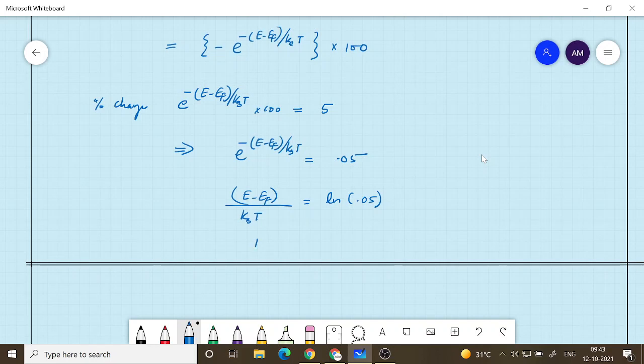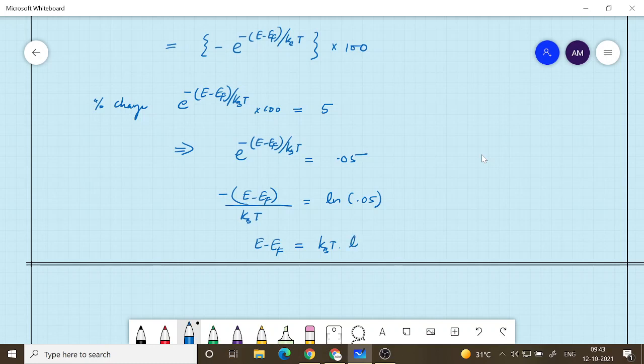Or you can say E minus EF is equal to KBT into, there is a minus sign also here. E minus EF divided by KBT with a minus sign is equal to natural logarithm of this.